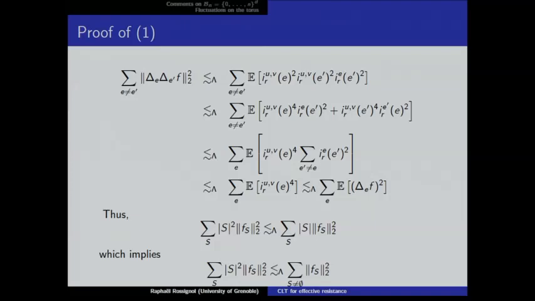So we obtain an upper bound of the second moment by the first moment of the cardinal of S in the Walsh space, and this obviously implies the result.